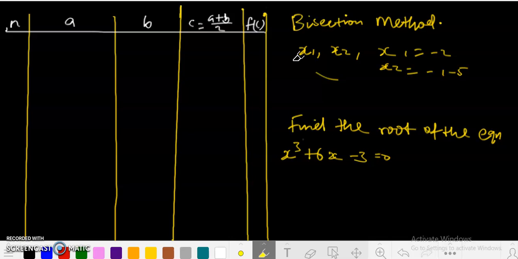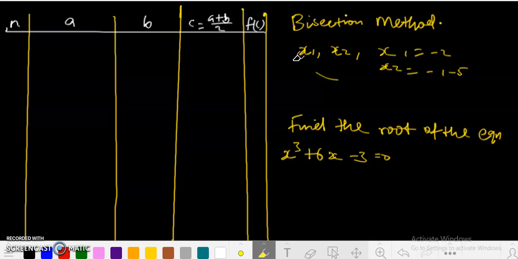You are to evaluate this function to know whether a is negative or b is negative. You simply need to use your calculator, and you have to pay attention in the use of your calculator. Here we have c equals a plus b divided by 2. So let us put this value in our calculator and see whether a is going to be positive or negative.